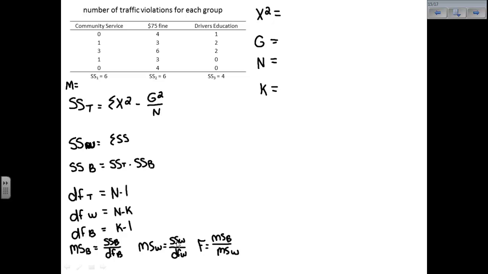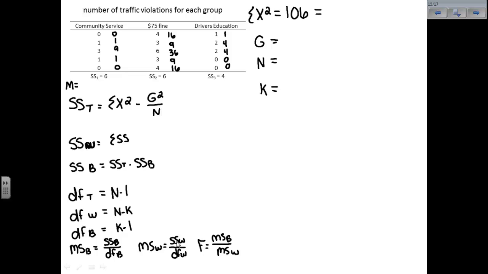Okay, so the sum of x squared. If we take 1 plus 9 plus 1 plus 16 plus 9 plus 36 plus 9 plus 16 plus 1 plus 4 plus 4, and these are just zeros, you end up with a sum of x squared that's equal to 106.